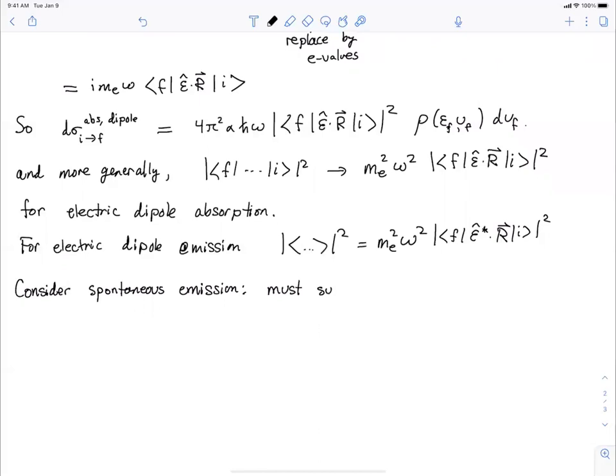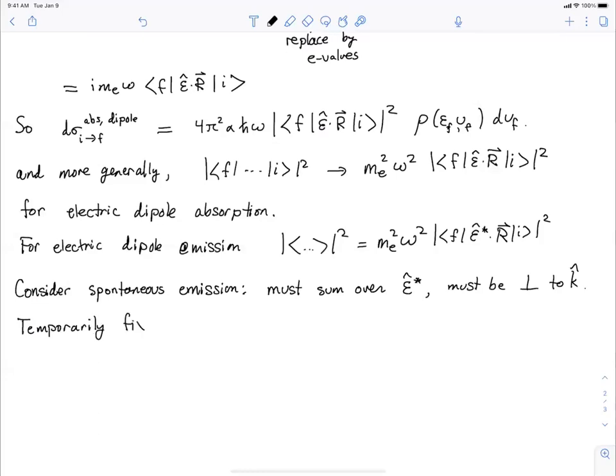So we must sum over our polarization vector complex conjugate, which must be perpendicular to the direction the wave is moving. So to understand how to do that sum, let's temporarily fix the direction the wave is moving, even though it can go in all possible directions.